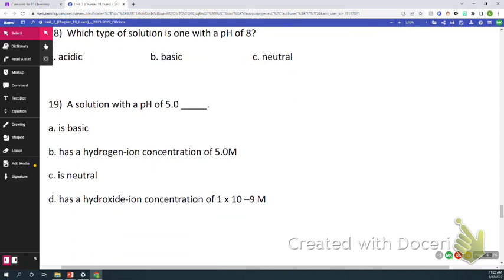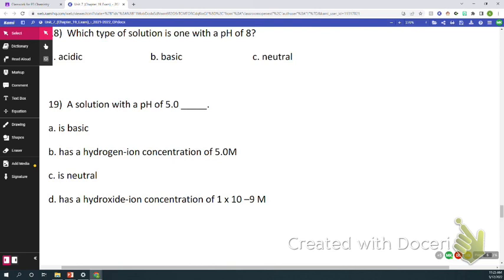Number 19, a solution with a pH of 5 is not basic, so you can knock A out. It's not neutral, you can knock C out. They give you hydrogen ion concentration, that's H plus. This is OH minus.